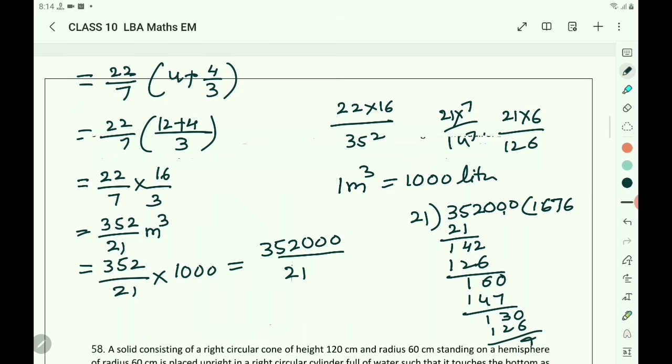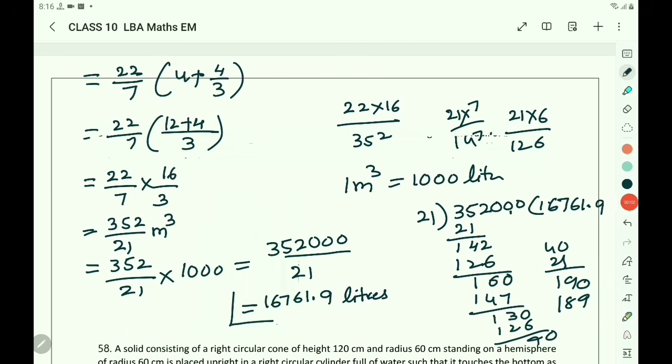Again 4 is remaining. 40, 21 1s are 21, 40 minus 21, 19. Then 21 9s are 189. Then you got 16761.9 liters. Approximately it is 16762 liters.